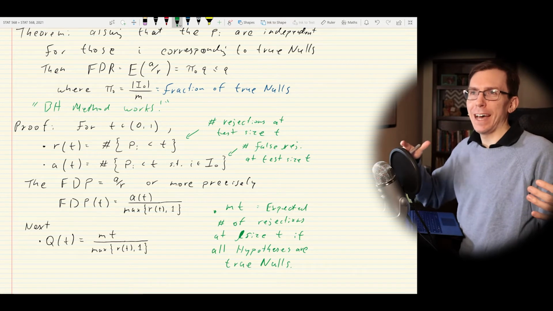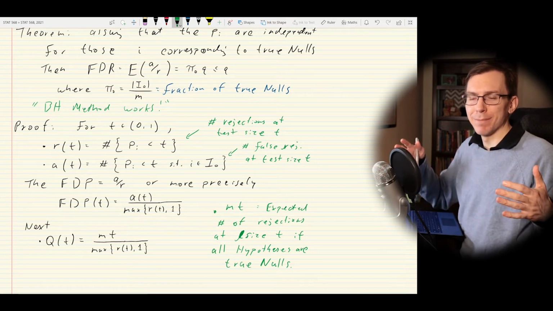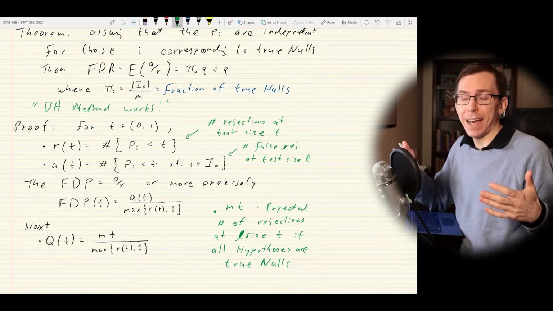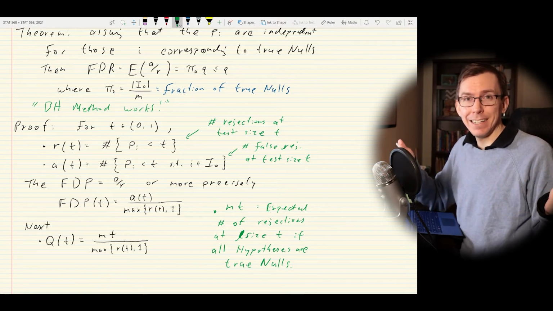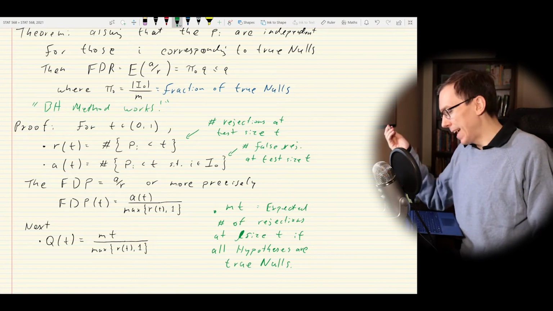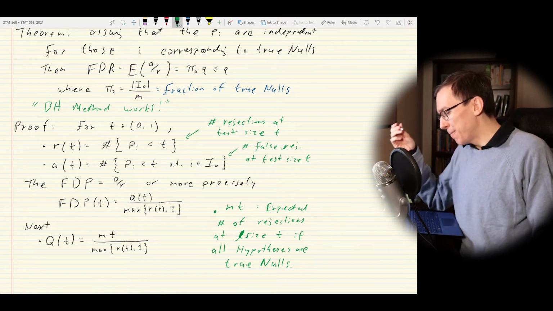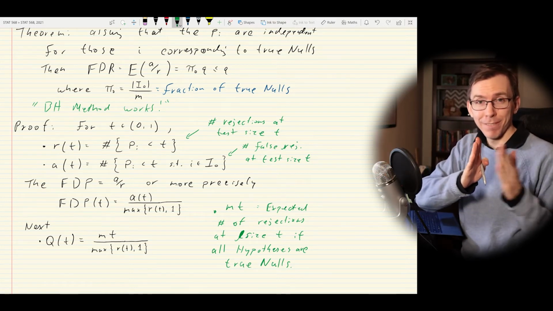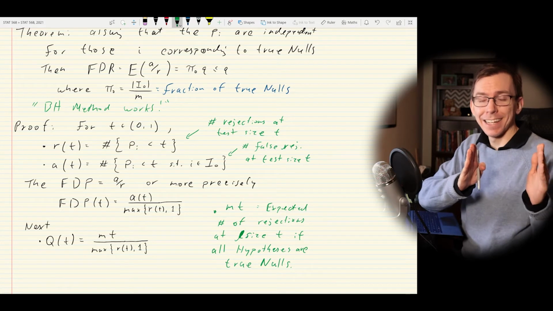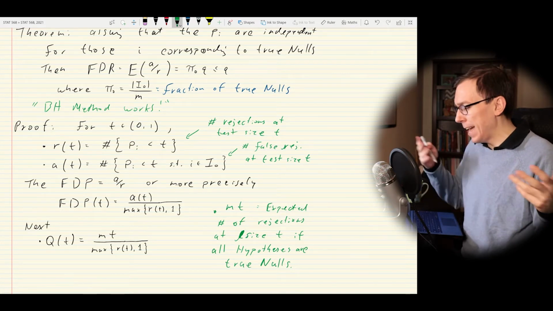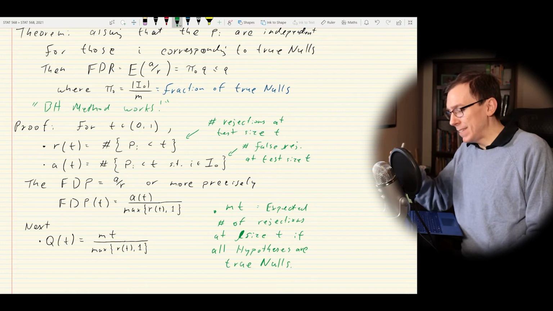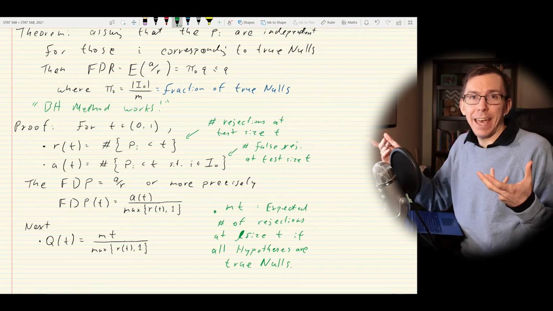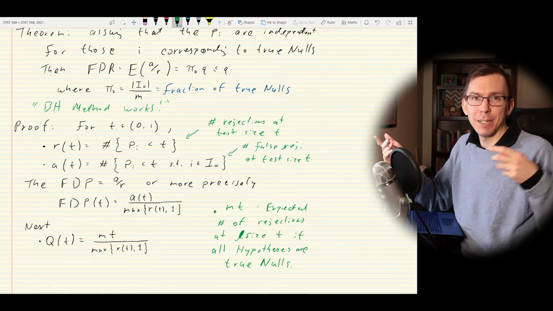Basically, if all the hypotheses that we're testing, all M of them, are true nulls, then their p-values should be IID uniform 0, 1. Now, if we want to know how many of those would randomly fall below the T threshold level, T being the threshold or the test size, well, approximately M times T of them. If T is 50%, we would expect half of our tests to be rejected.